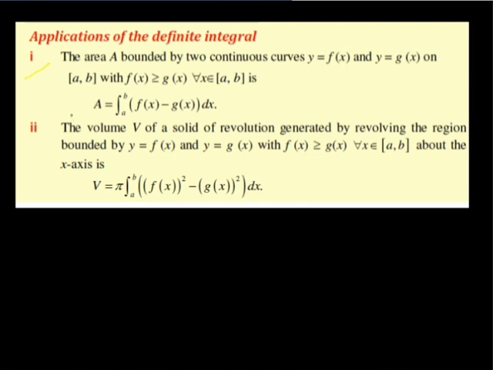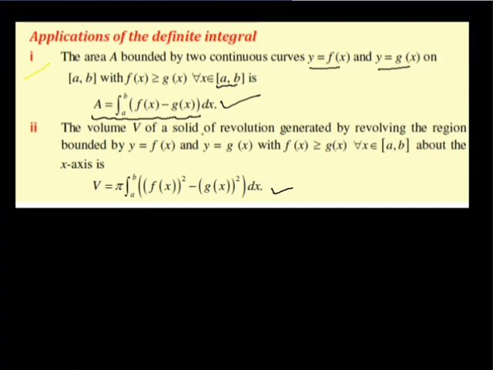The first formula is for the area of a certain region which is bounded by two functions f and g, where these two functions are continuous on a certain closed interval. So we use this formula to calculate the area of a certain region bounded by two curves f and g. The second formula is for the volume of a certain object.